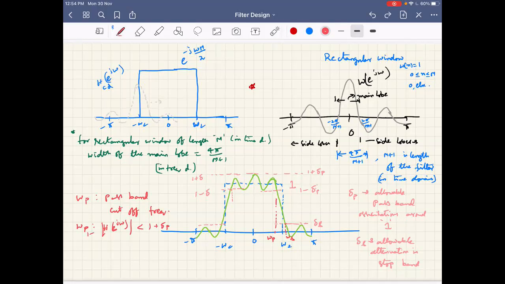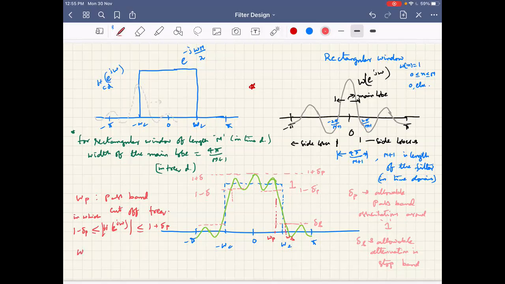Let me write a little better. Okay, so such omega p is the pass band cutoff frequency, in which this condition is valid. The frequency response is between 1 minus delta p to 1 plus delta p, or around 1.